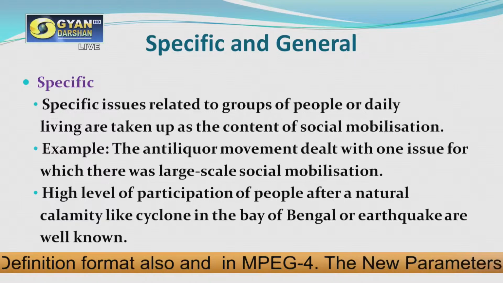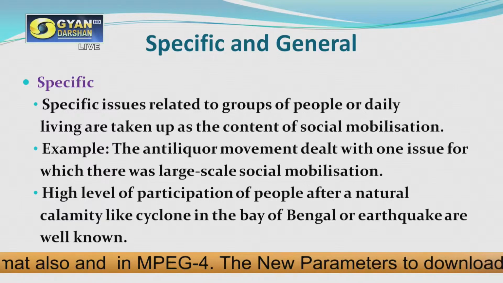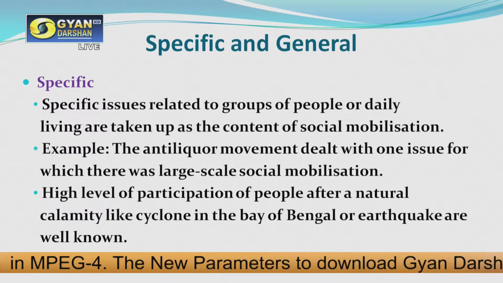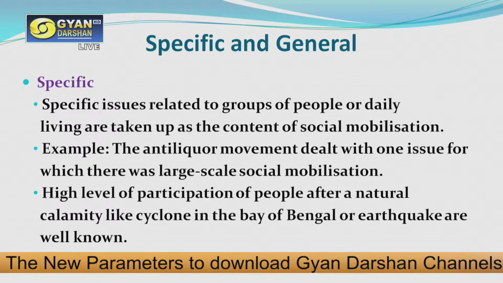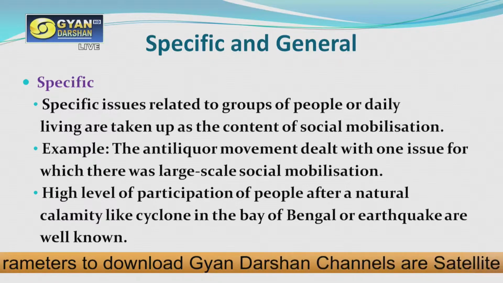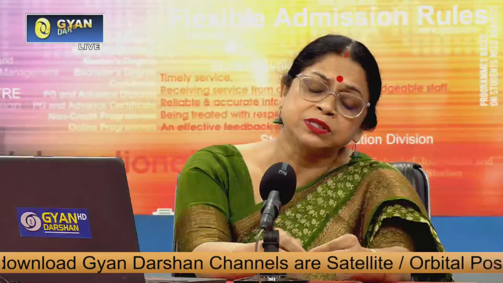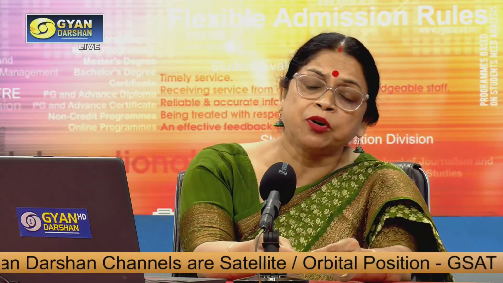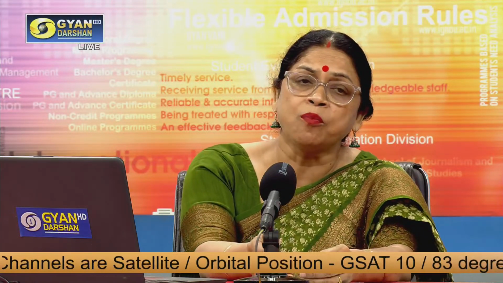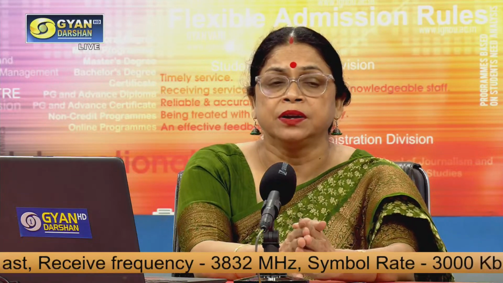There is also a high level of participation of people after a natural calamity like a cyclone in the Bay of Bengal or an earthquake. Once a large number of people are affected with a common interest, then all the people come together to help each other.